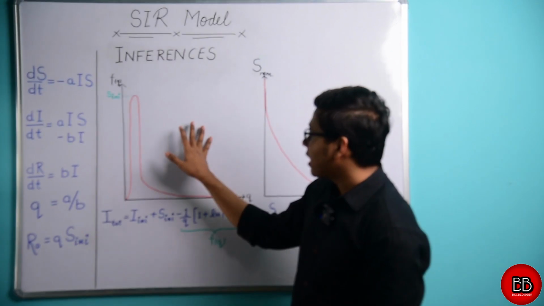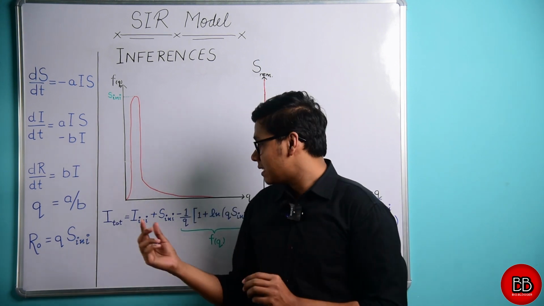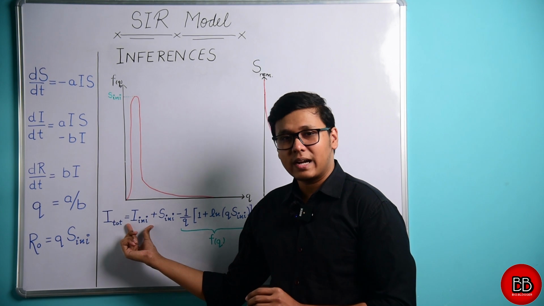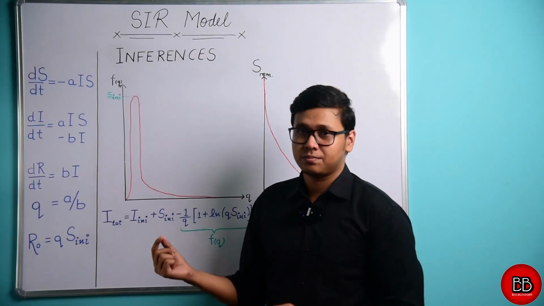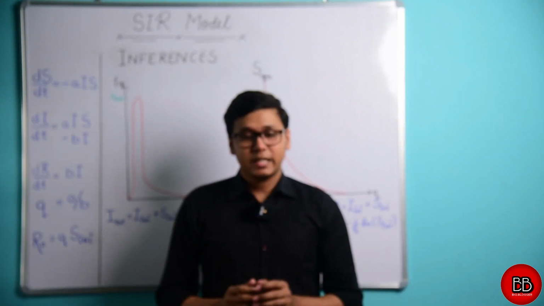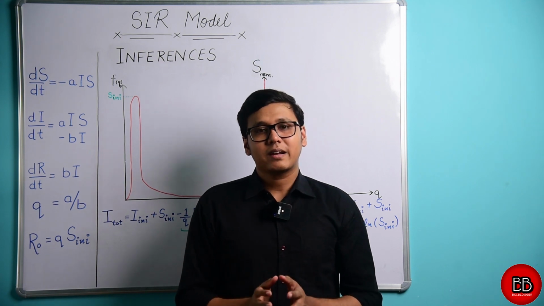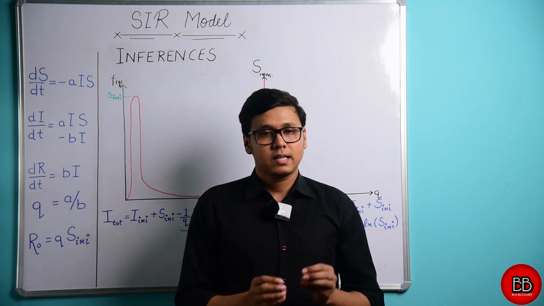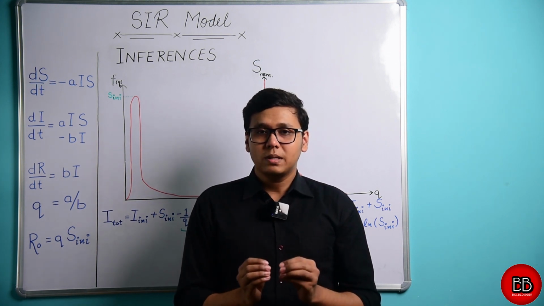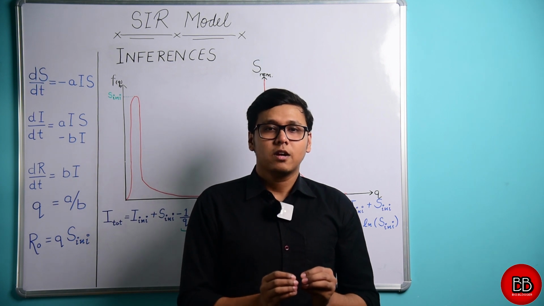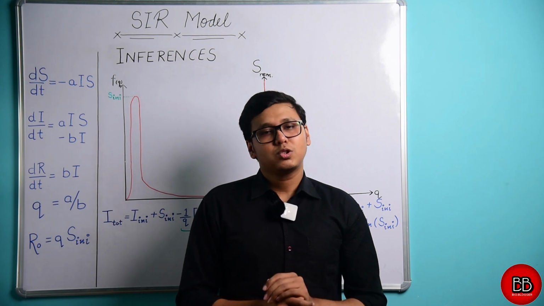Before going to plot a graph for this equation, I just want you all to know one thing, that this initial number of infectives plus initial number of susceptibles represents the total population. How? Remember in the beginning I said that in the SIR model we categorize the population into 3 categories, S, I and R. Now, what will be the number of persons in the removed category at time t equals 0?